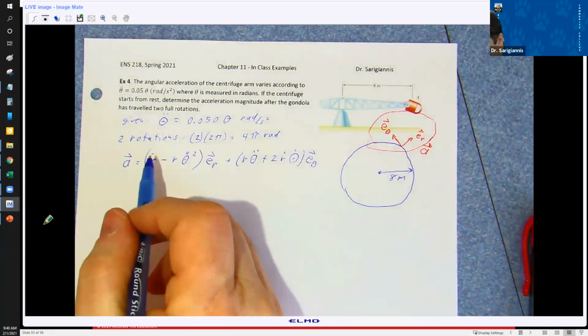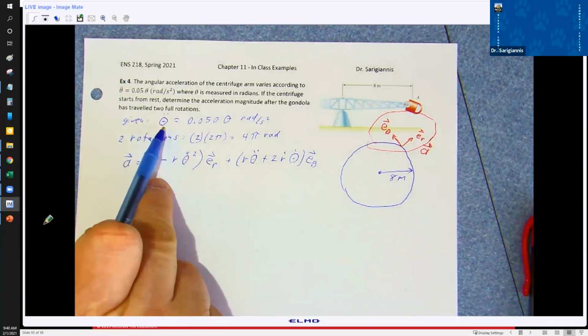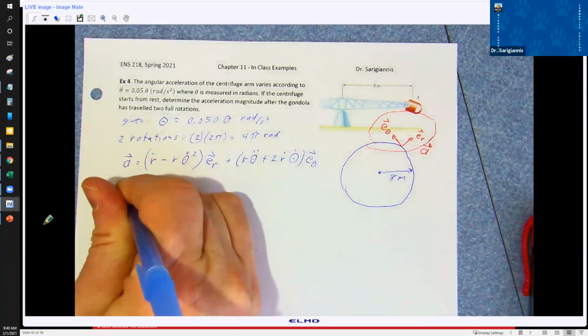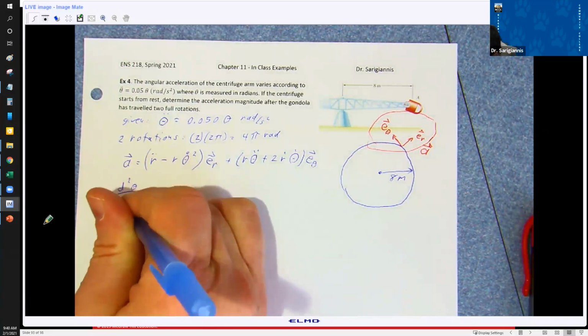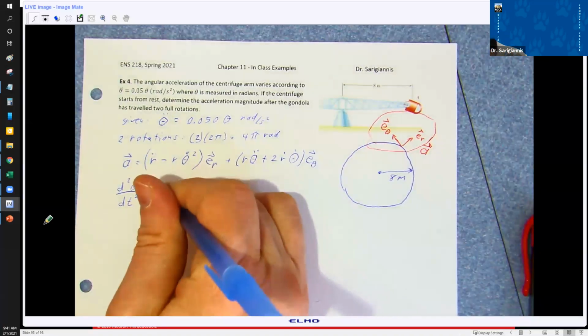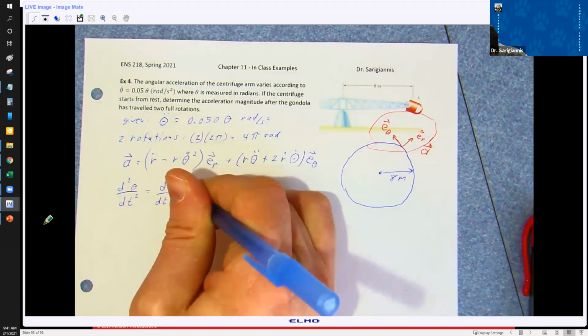One thing I want to do here is we're given theta double dot. So let's write this out. This is d squared theta dt squared, which is basically equal to d/dt of d theta dt.